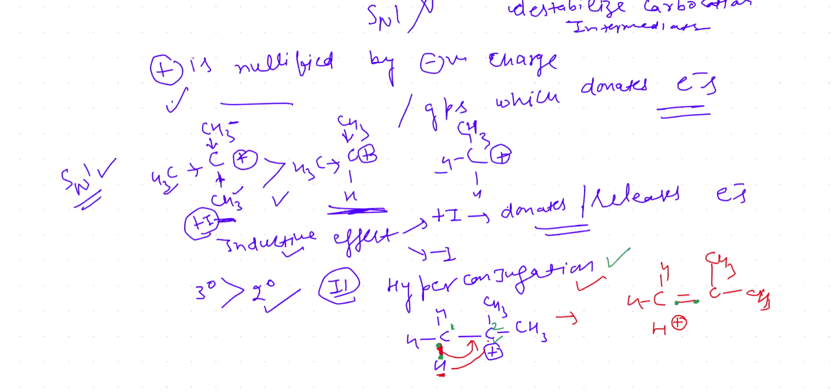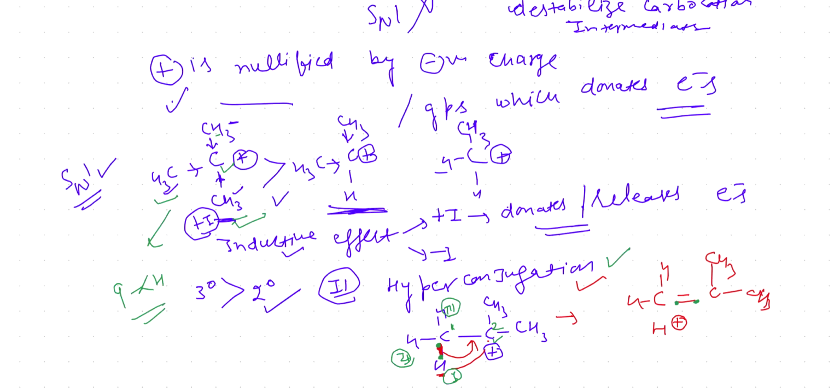In the case of tertiary carbon, there are 3 hydrogens on each methyl, so 3, 6, 9: nine alpha hydrogens which can stabilize this carbocation. The more hyperconjugative structures, the more the stability. This is our first hydrogen, second hydrogen, third hydrogen; all of these can participate to give a hyperconjugative structure.